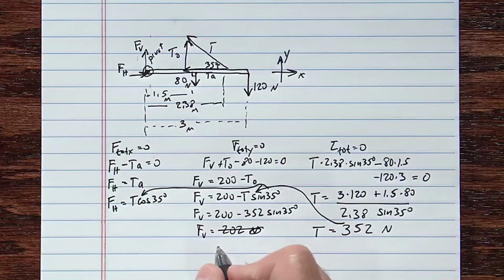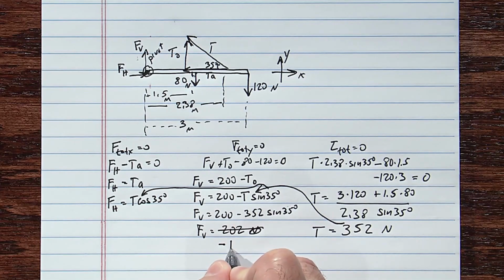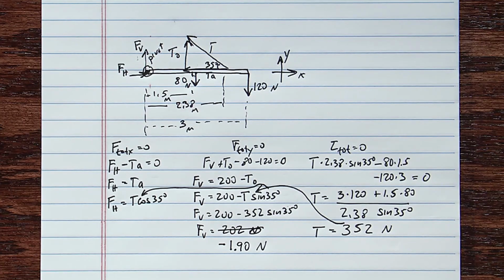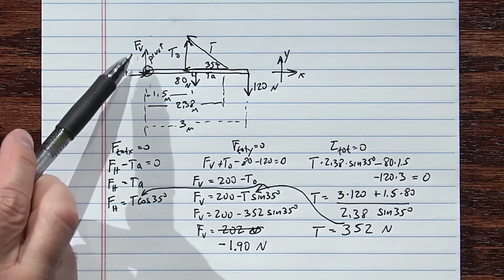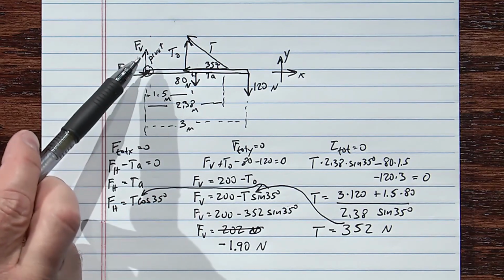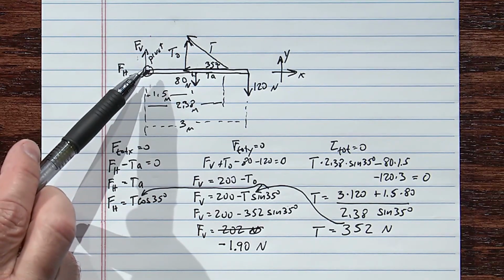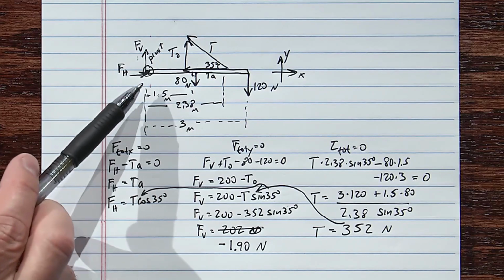There we go. FV is negative 1.90 newtons. So for our vertical force, we get a negative force of 1.9 newtons. And what that means is that when we assumed that the vertical force would be upwards, we were wrong. In fact, the wall is exerting a force downwards on the boom.